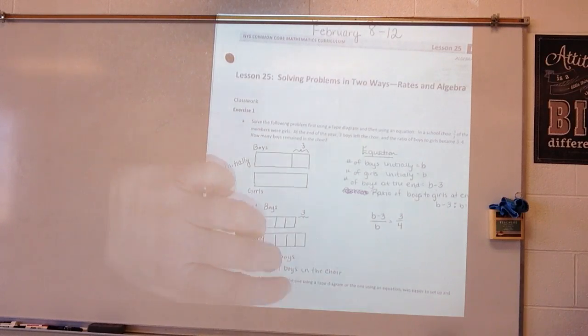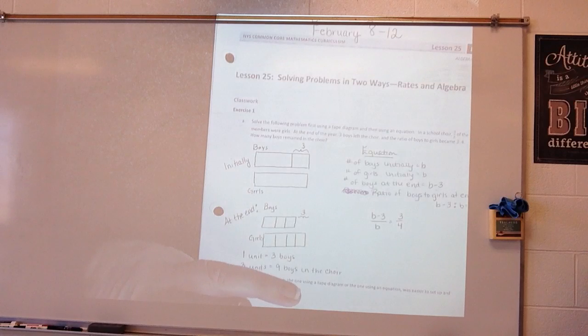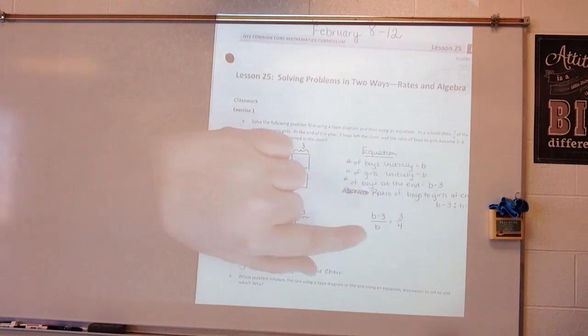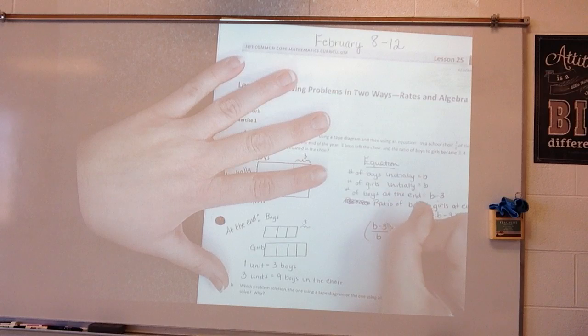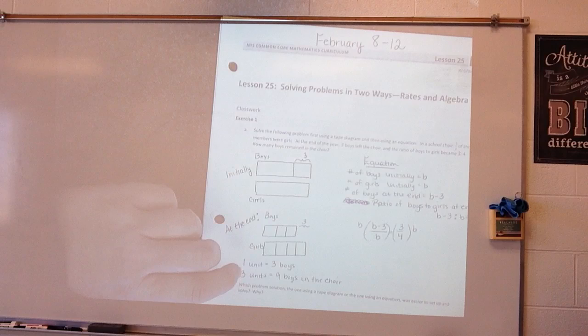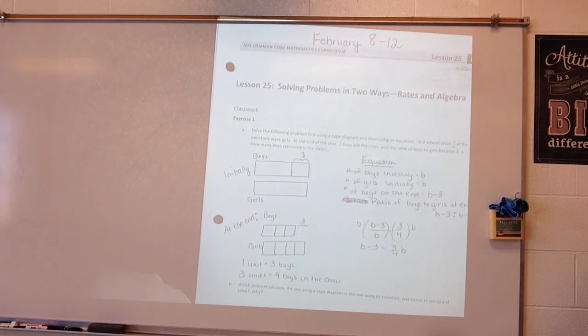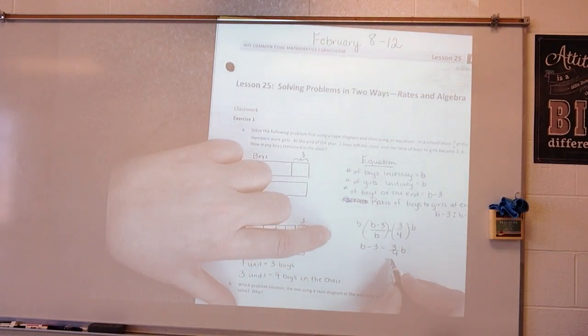So now I can multiply. You can do this a couple of different ways. I would multiply both sides by B. When I do that, I get B minus 3 is equal to 3/4 B. I can subtract 3/4 B, and I'm doing this so I can keep it positive.